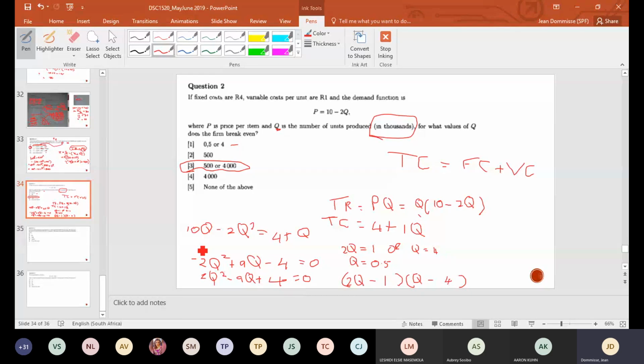So again, just be very clear, if you didn't change it into thousands by multiplying it out by 1,000, there would have been an option for you as well. And the scary thing for that silly mistake is that there is an answer, which is a bit sneaky again.